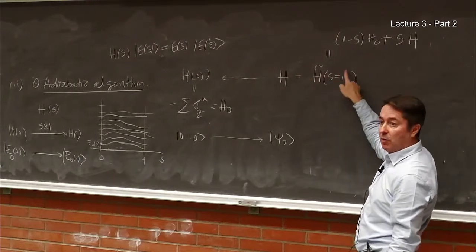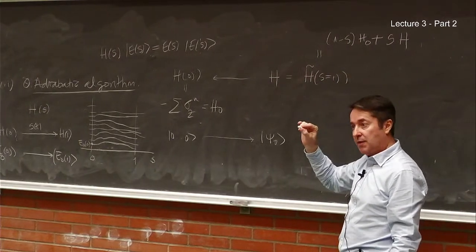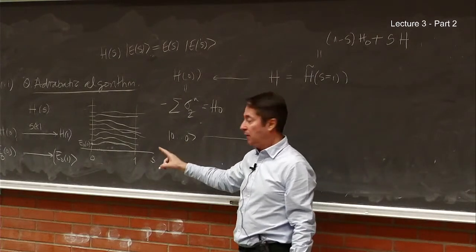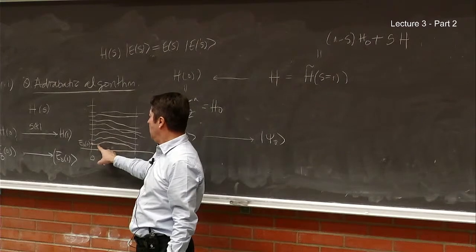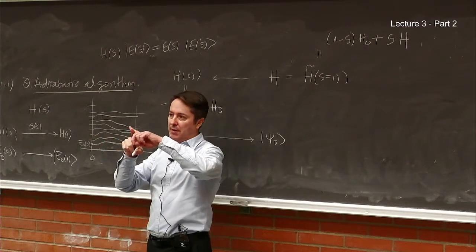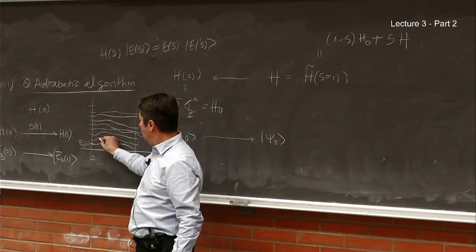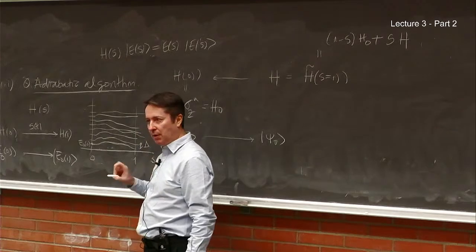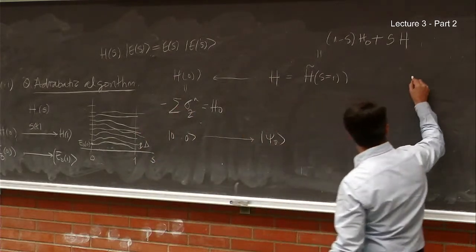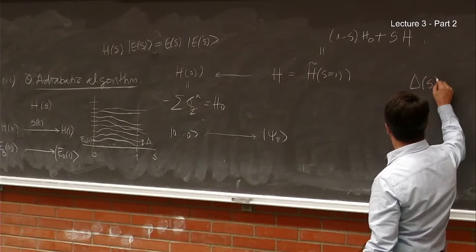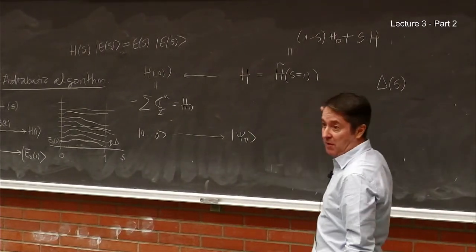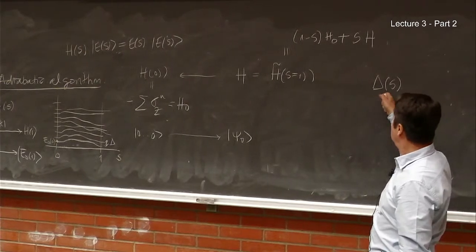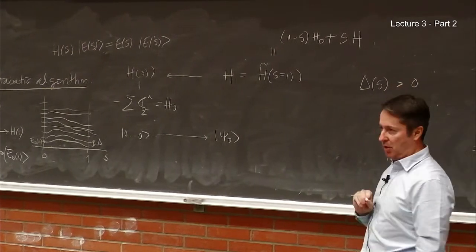Now, the question is, what are the conditions such that this works? And the condition, you can see it graphically, is that if there is a crossing, then this is not going to work. So there must always be a gap. You remember that I defined the gap? You can define the gap now for the whole path. And the first condition, such that it works at all, is that the gap is always strictly positive.